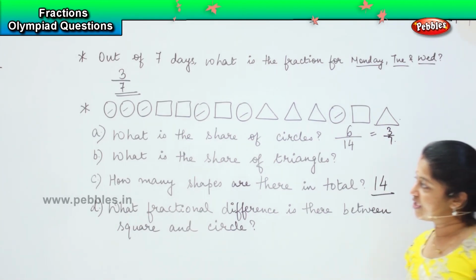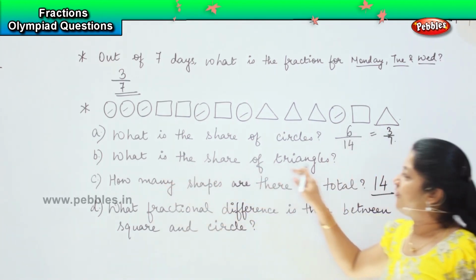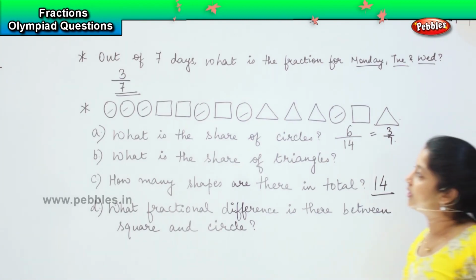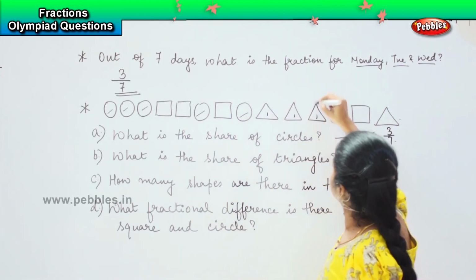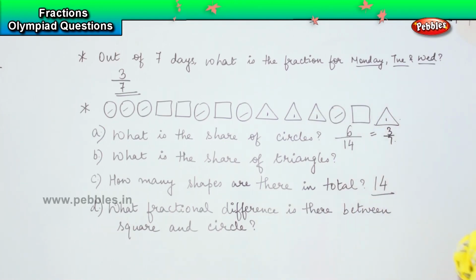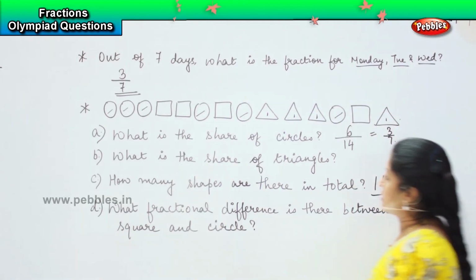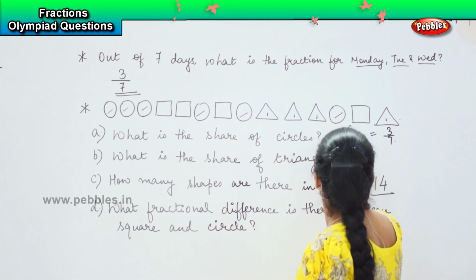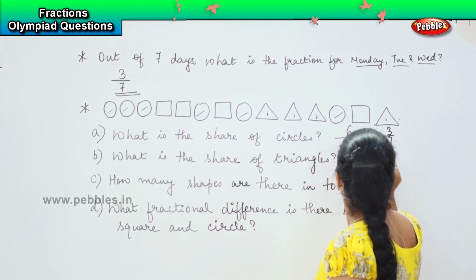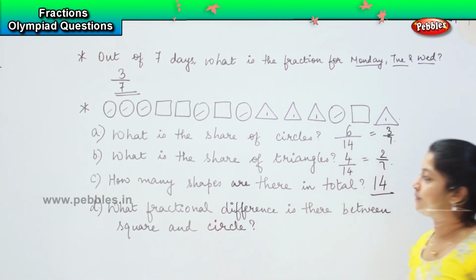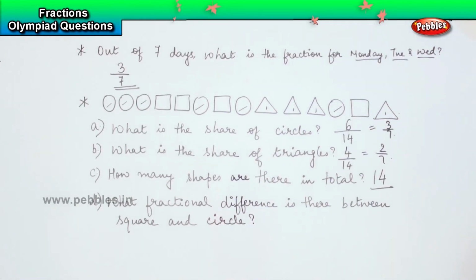Okay. The next question says, what is the share of triangles? So, shall we count the number of triangles? 1, 2, 3, 4. So, there are 4 triangles, right. So, it will be 4 by 14 or you can write as 2 by 7. Got it?